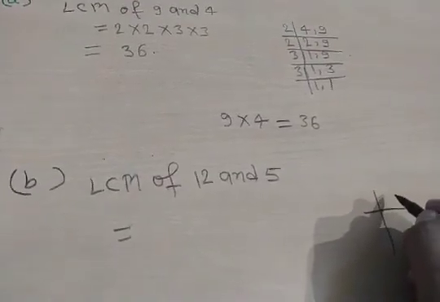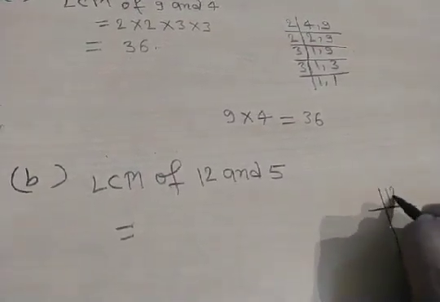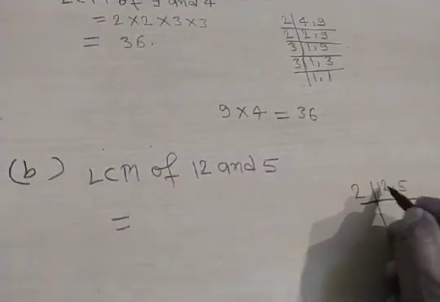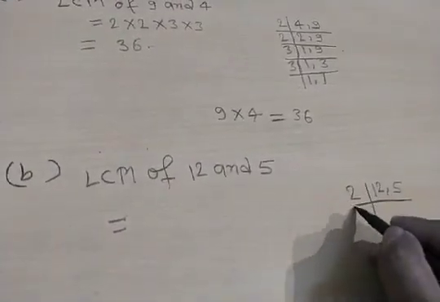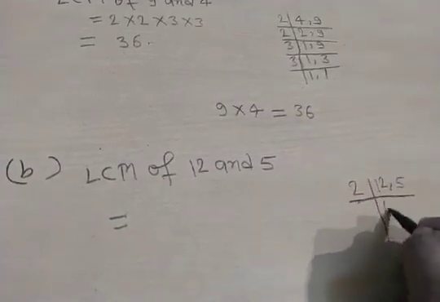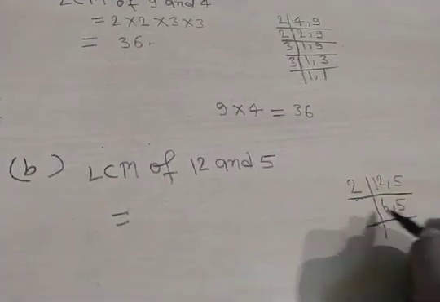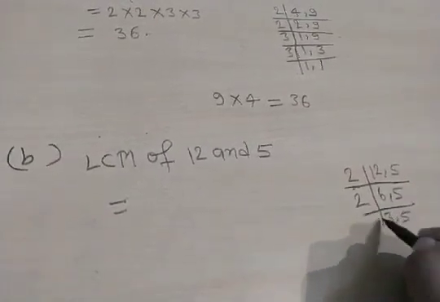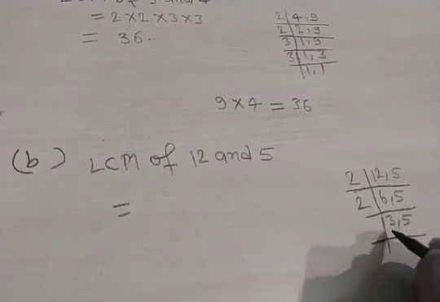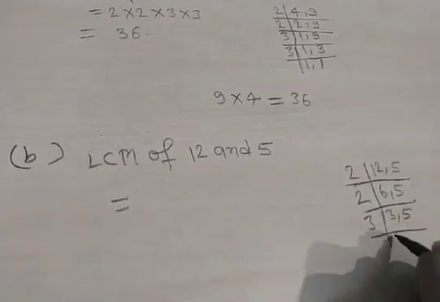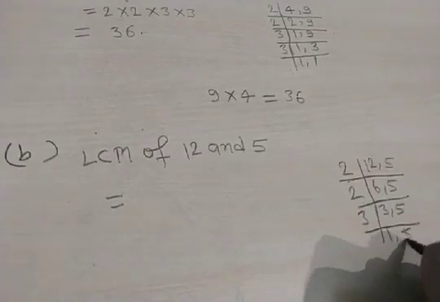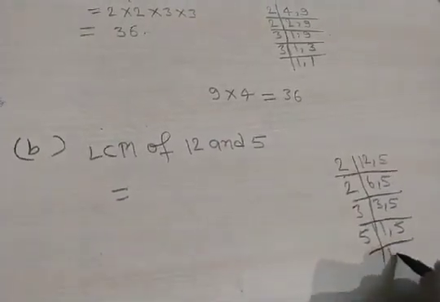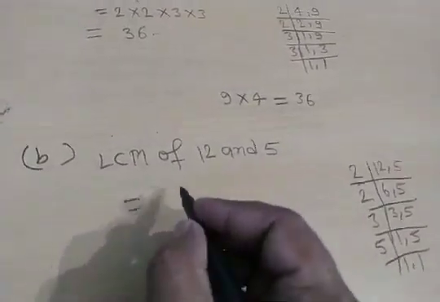The LCM is the product of the divisors. First we divide by 2, which is a prime number, giving 6, 5. Next again 2, and we obtain 3, 5. Now we select the smallest prime number 3, giving 1, 5. Next the smallest prime number is 5, giving 1, 1.